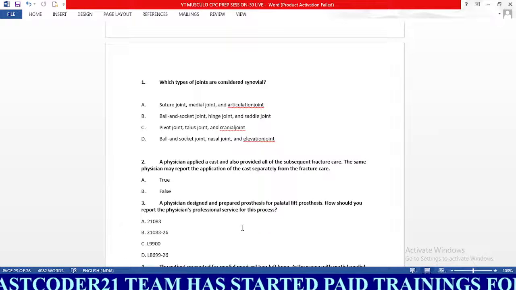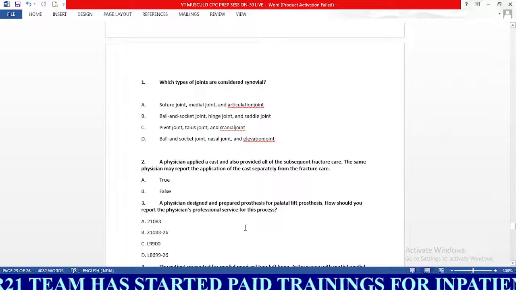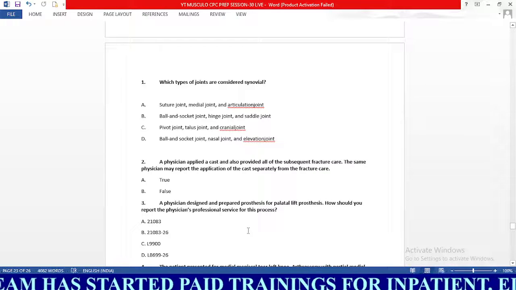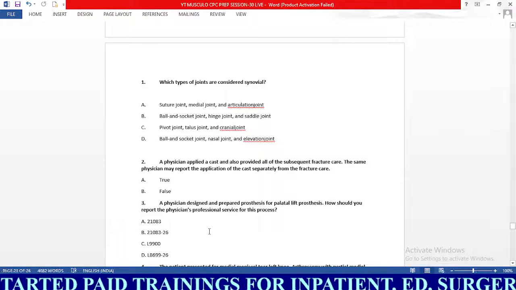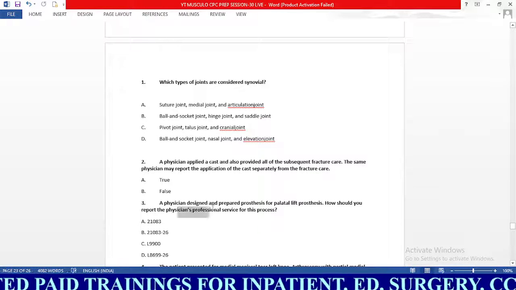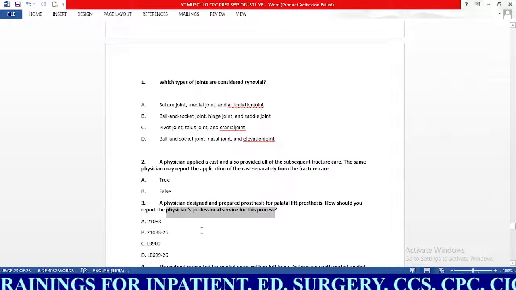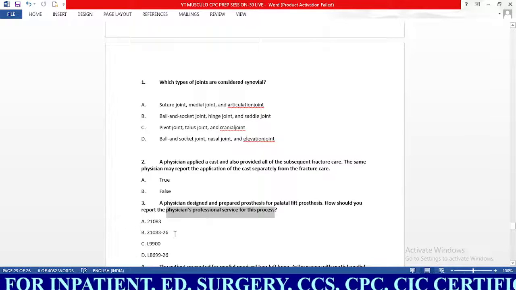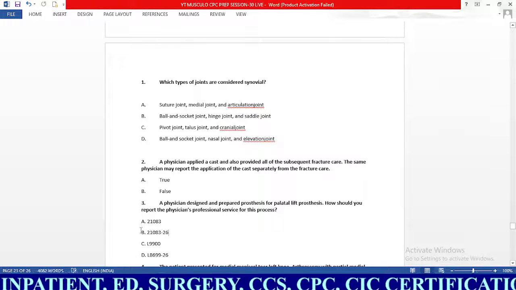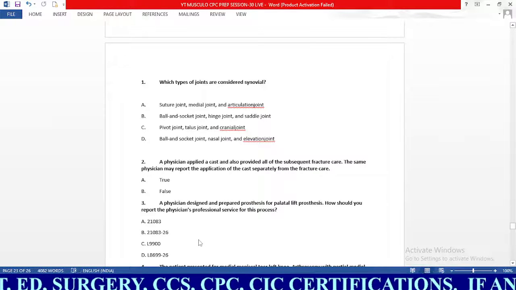So our answer will become 21083-26, which is B. So we need to code for professional service. Our process code is 21083 and for professional service we need to add the 26 modifier. So our answer is B here.